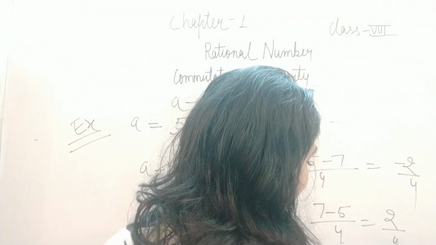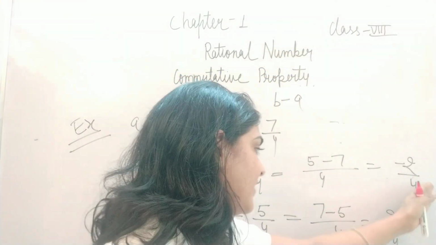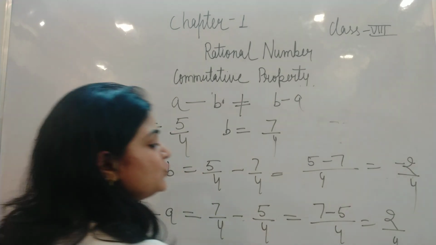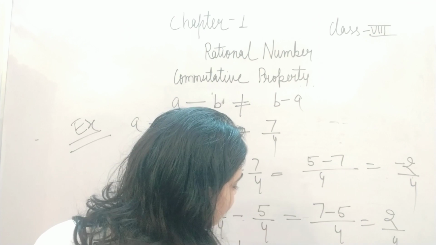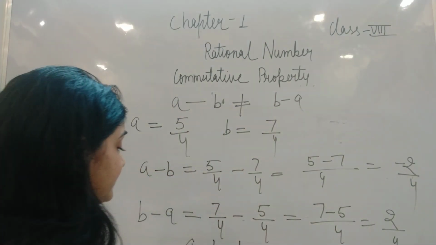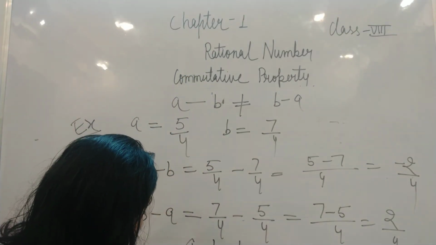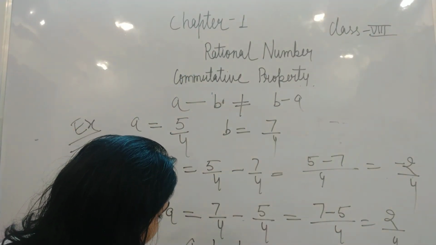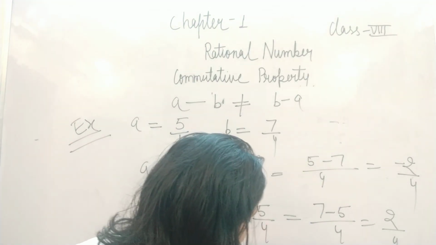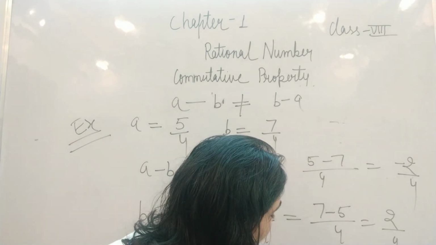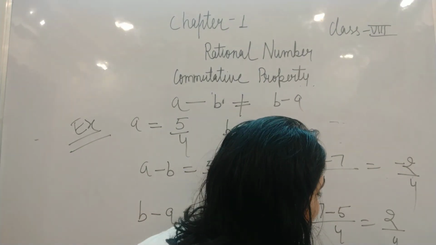Then what we will get? 2 by 4. A minus b is equal to minus 2 by 4 and b minus a is equal to 2 by 4. A minus b is not equal to b minus a. So we say that subtraction is not commutative for rational numbers.